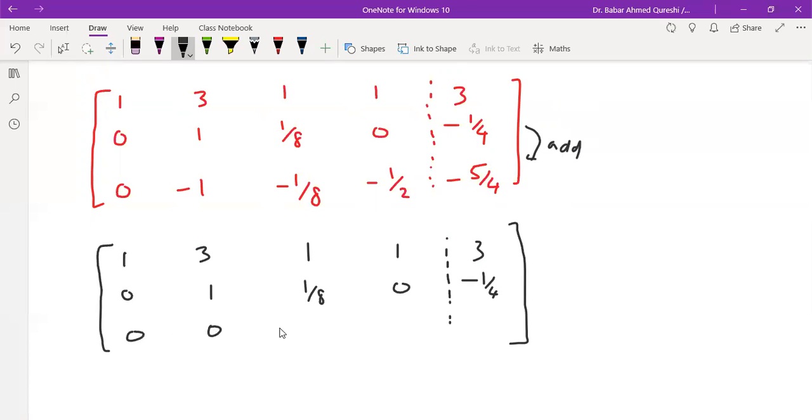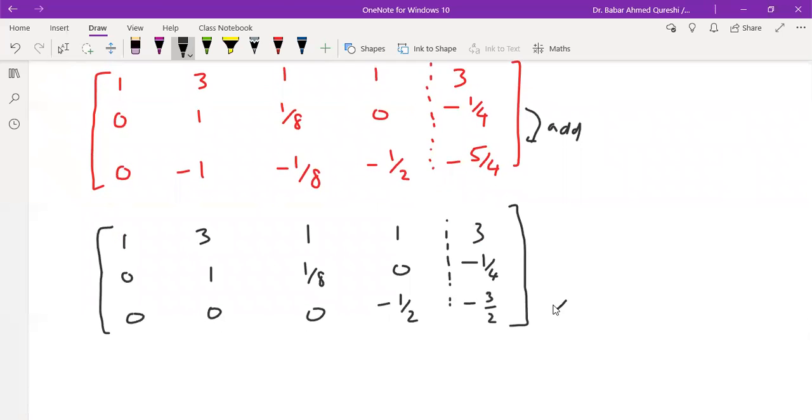I get a 0, 0, minus half. And when I add 5 1/4 and 1 1/4, I get 6 1/4, which is 3 over 2. Now I can multiply this by minus 2.